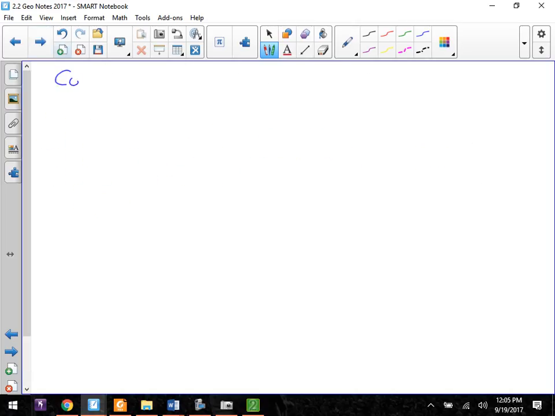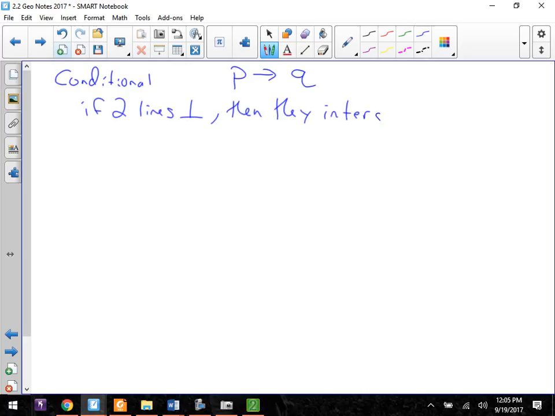So we have the conditional: if two lines are perpendicular, and we said that that was true. The converse is saying it backwards.